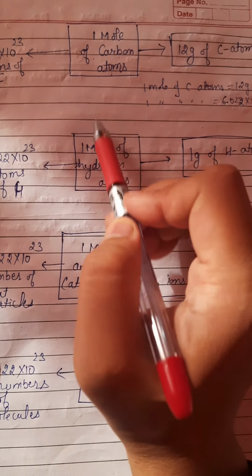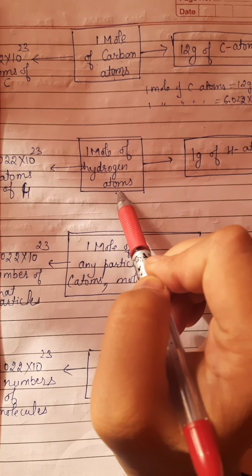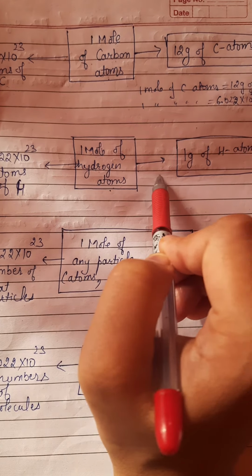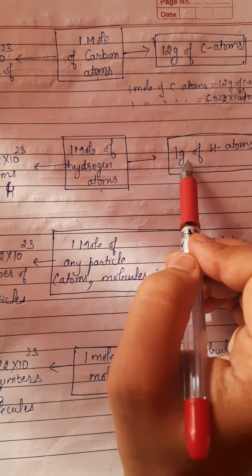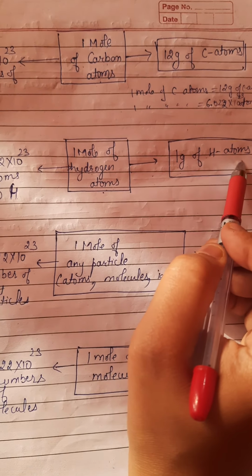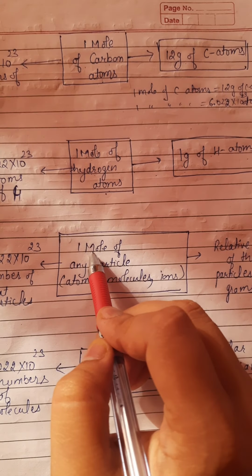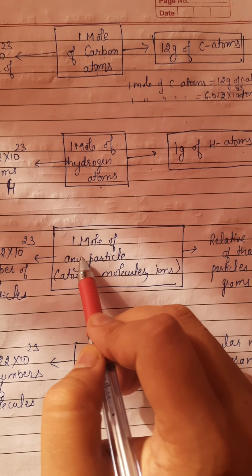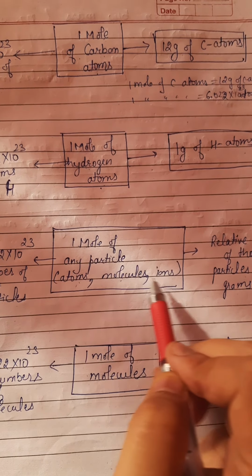When I am asking about 1 mole of hydrogen atoms is equal to how many grams, then the atomic mass of hydrogen, that is 1 gram of hydrogen atoms. Clear?